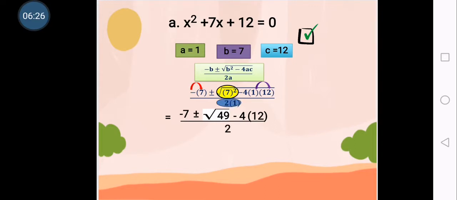So, yan po ay positive 2. Okay? Continue tayo. So, negative 7 plus minus square root of 49. Negative 4 times 12 ay negative 48 over 2.